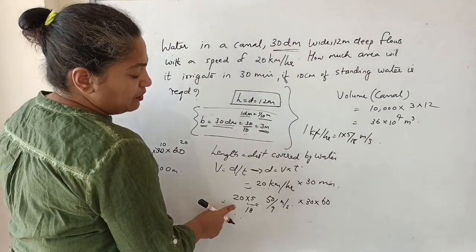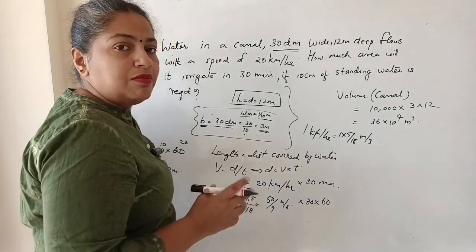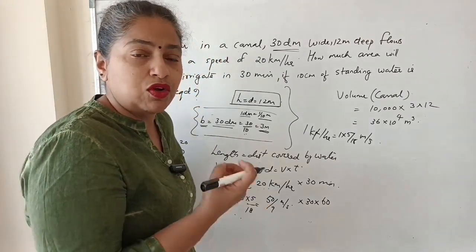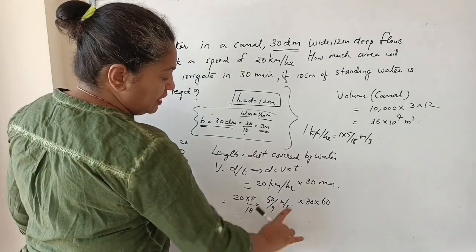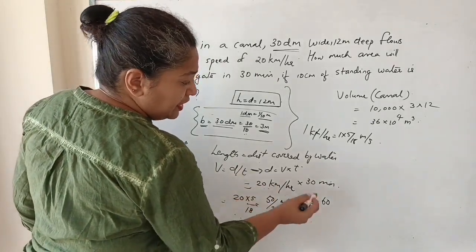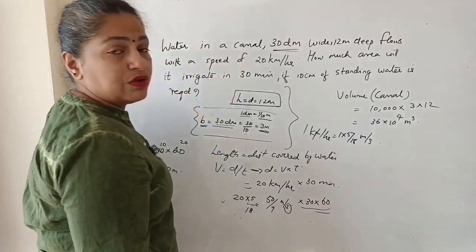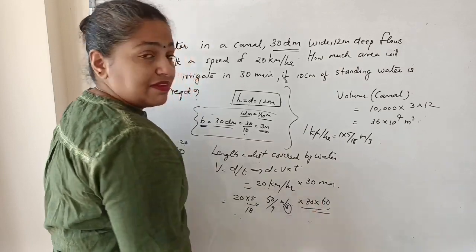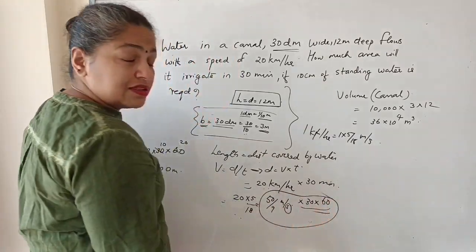So 20 kilometer per hour, I multiply by 5 by 18 in order to get 50 by 9. I am retaining the fraction as such because I am not going to get a proper number for this, right? So 50 by 9 meter per second is my speed. Now 30 minutes, because it is in meter per second, I need to convert the minutes also into seconds. I multiply by 60. So this is the length.